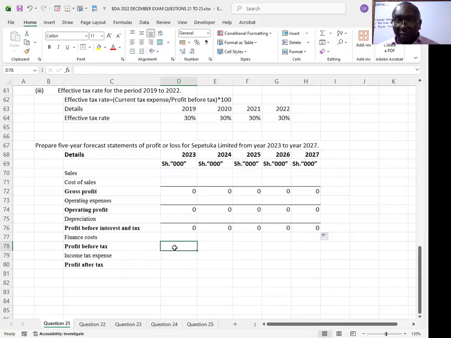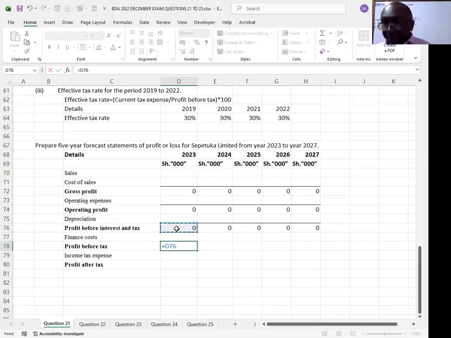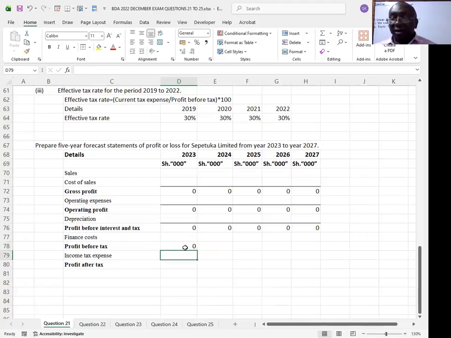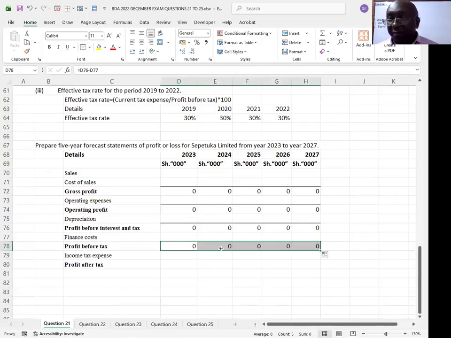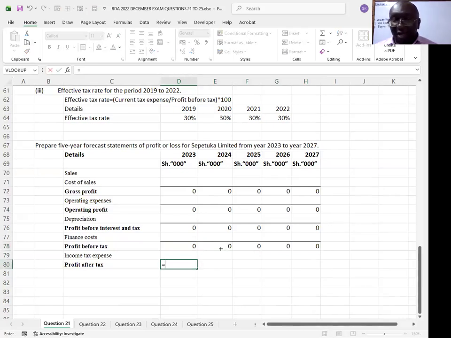Haya, tuende kwa profit before tax. Profit before tax is given as the profit before interest and tax minus the finance costs. Then do the top border here, and then you autofill that way. Then we have the profit after tax, which should be equal to this minus this.